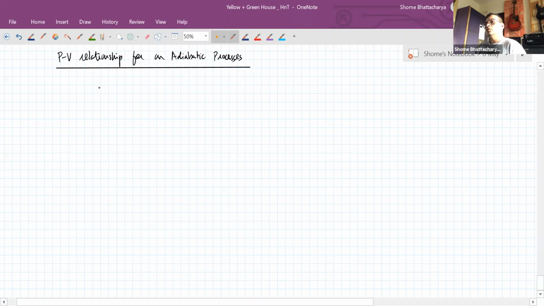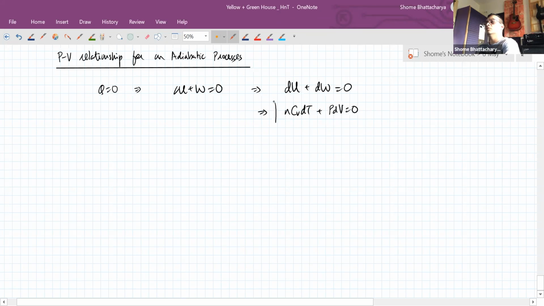Okay. So Q is 0, that means delta U plus W is 0. So for a small change, we can say dU plus dW is 0. So n Cv dT plus P dV is equal to 0. This is our first equation here.